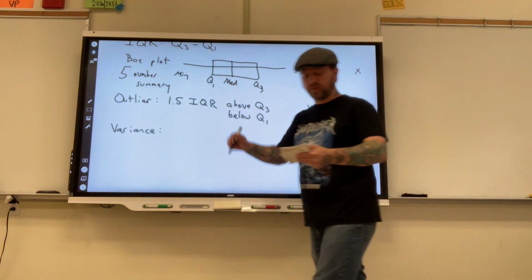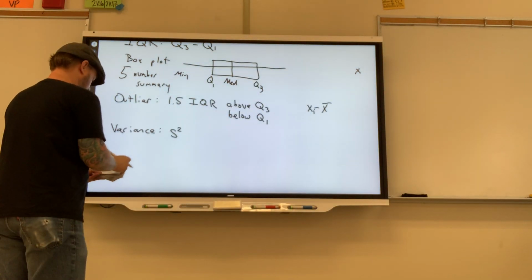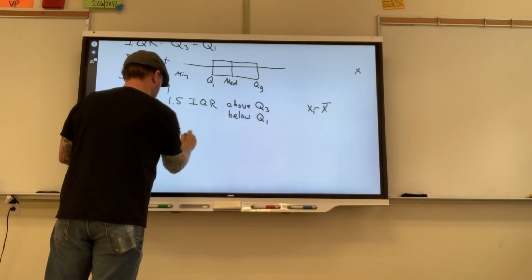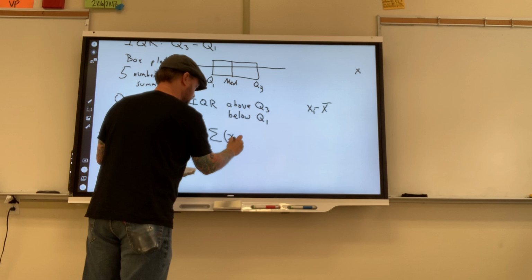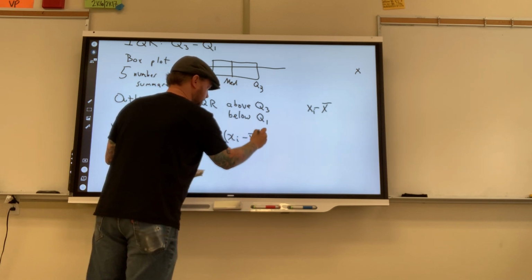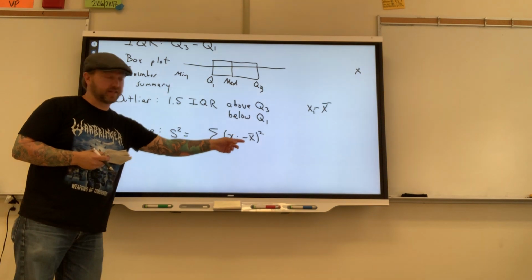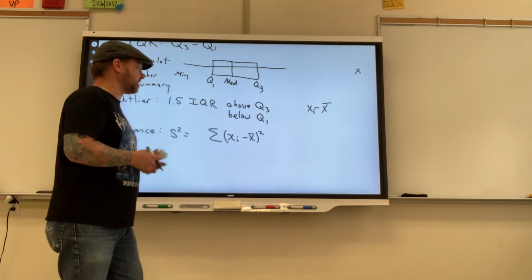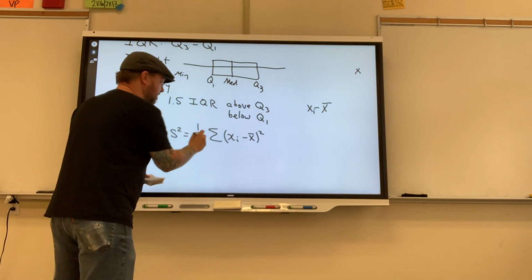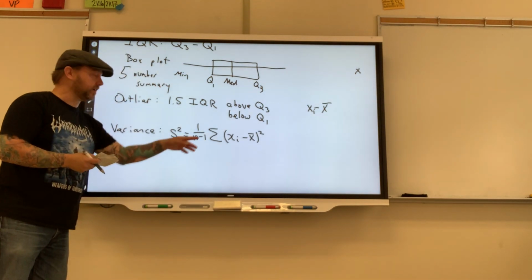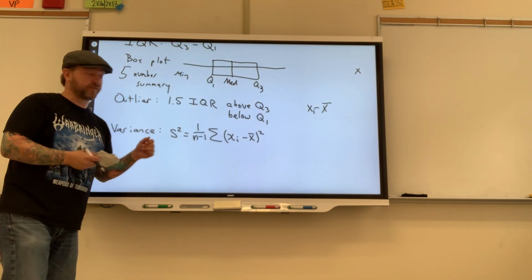So what we want to do is find the variance. We take each individual x minus the mean, square those distances, add them all up, and divide by n minus 1. Now, we divide by n minus 1 because there are n minus 1 degrees of freedom.